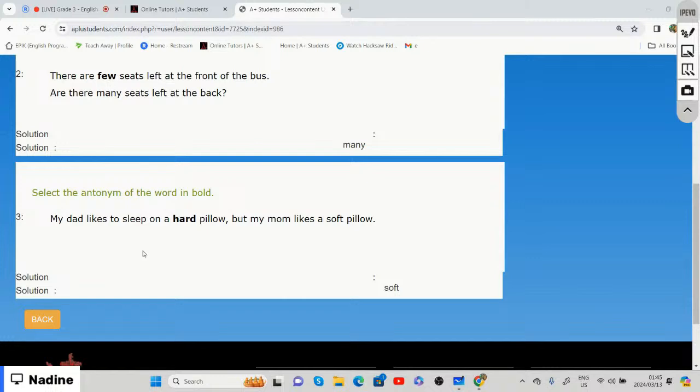All right, so hard. What is the opposite of hard? If something is very hard, what is the opposite of it being very hard? Something is hard.